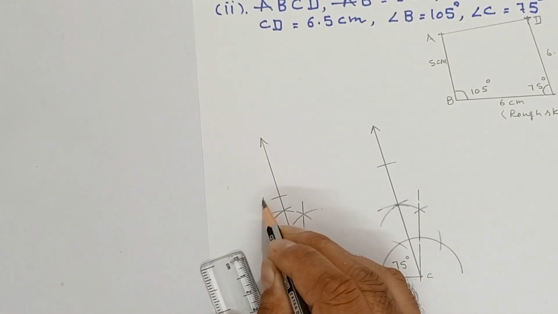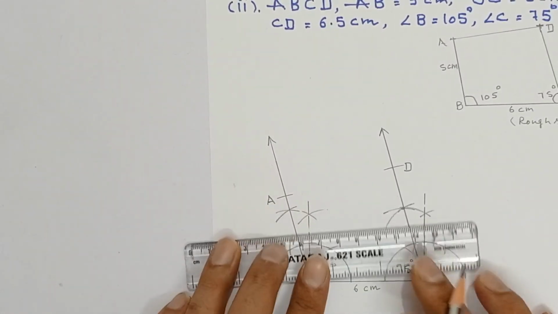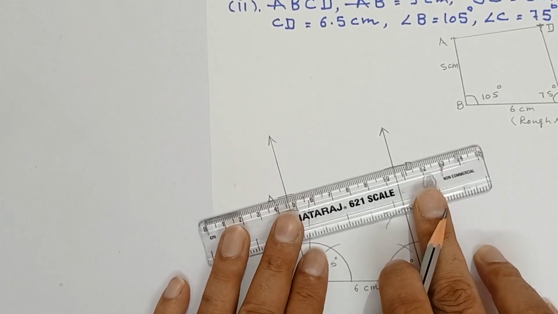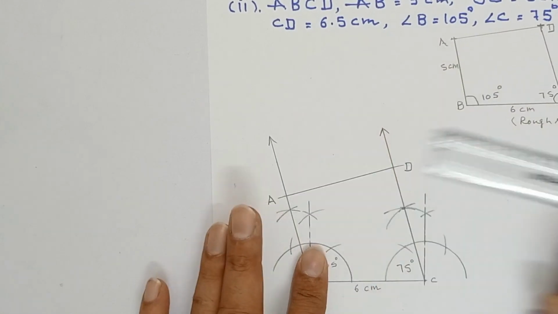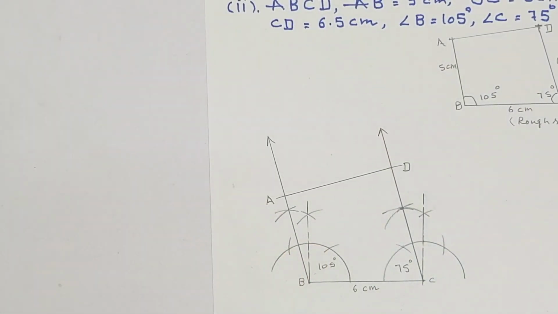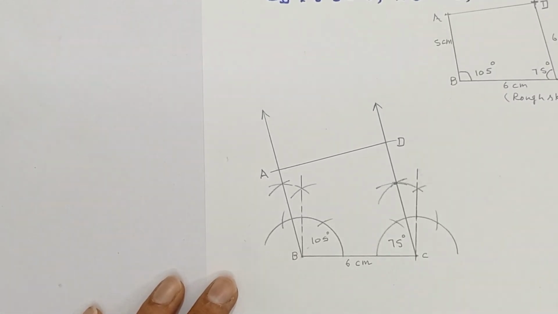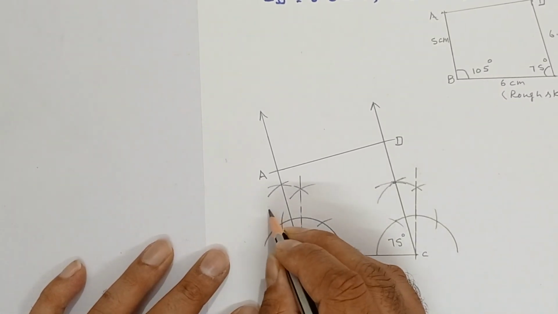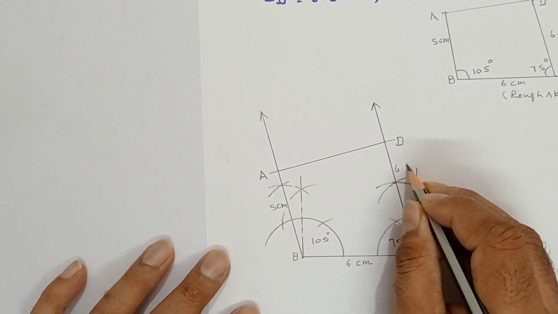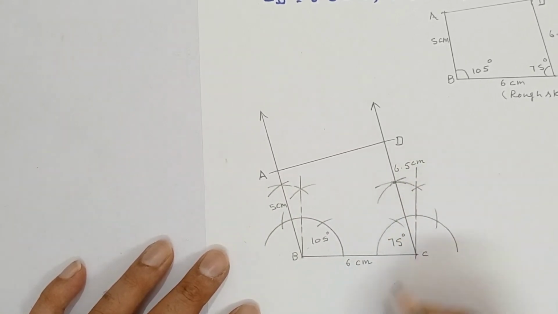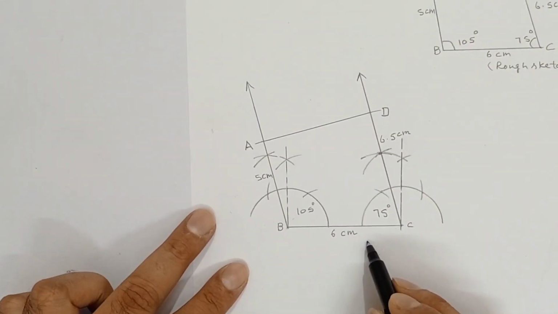Here you can write A, here you can write D. Join AD now by a solid line. So quadrilateral ABCD has been constructed. Labeling must be done. Here 5 centimeter is to be written. Here 6.5 centimeter is to be written. Angles I have already written and base also I have already written.